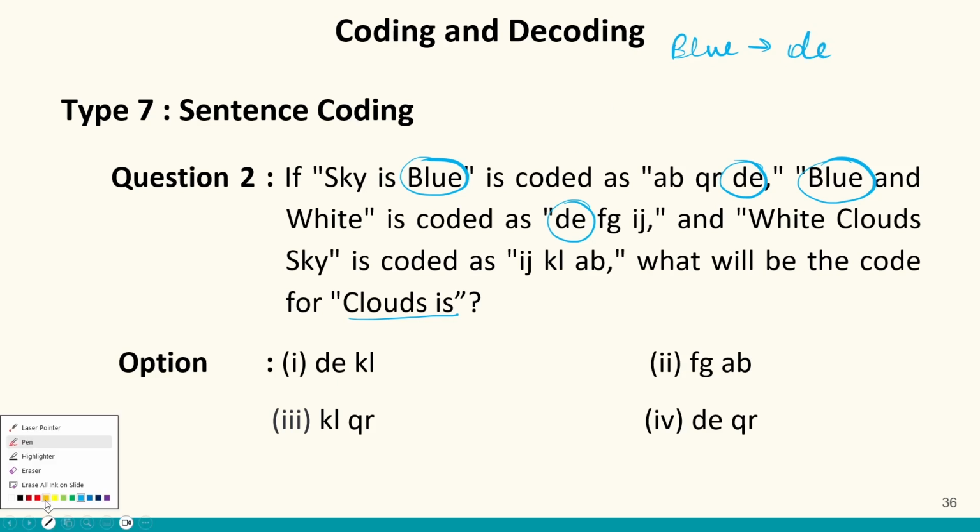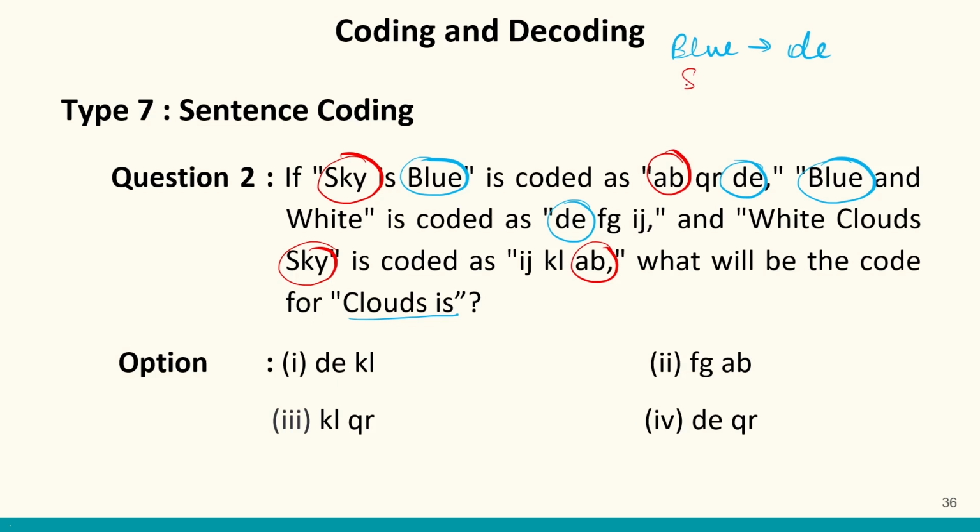Okay. Now let us try to find the code for sky. I can see sky in this sentence. White clouds, sky, and sky is blue. So the only common word is sky. And here the code is ABQRDE and here the code is IJKLAB. So AB is the only common code. That means sky is coded as AB.